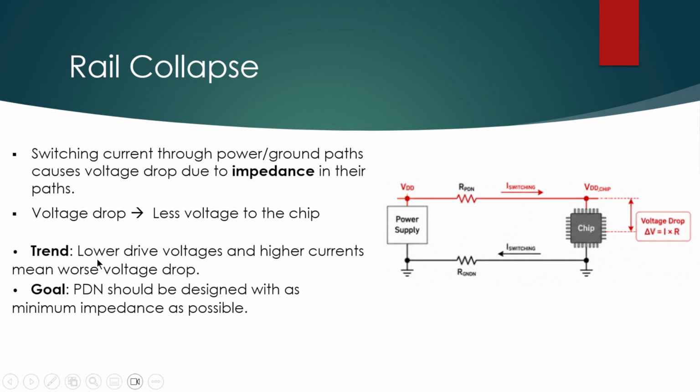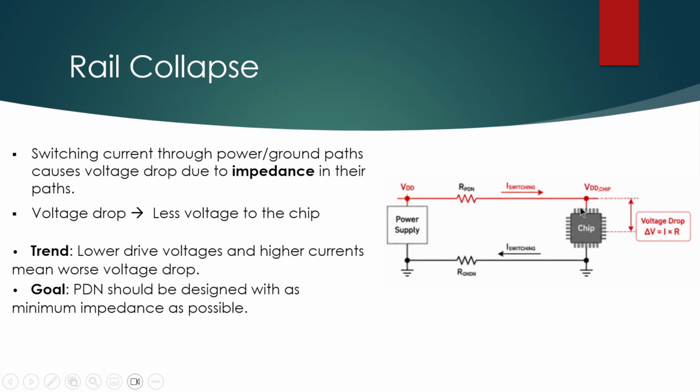In high performance processors, the trend is for lower and lower power supply voltages or drive voltages, but higher power consumption. This means higher currents will be switching in a short amount of time, and the amount of noise that can be tolerated will decrease.